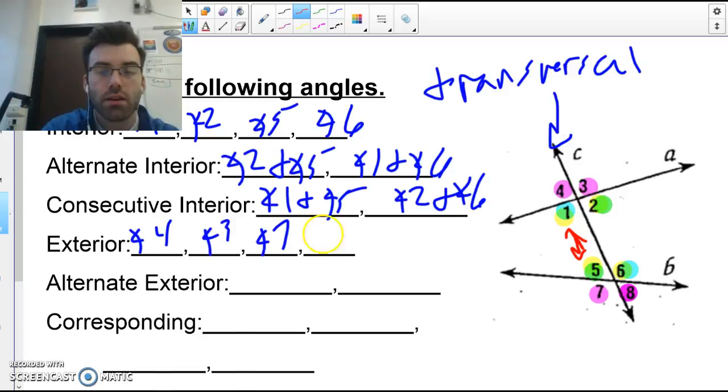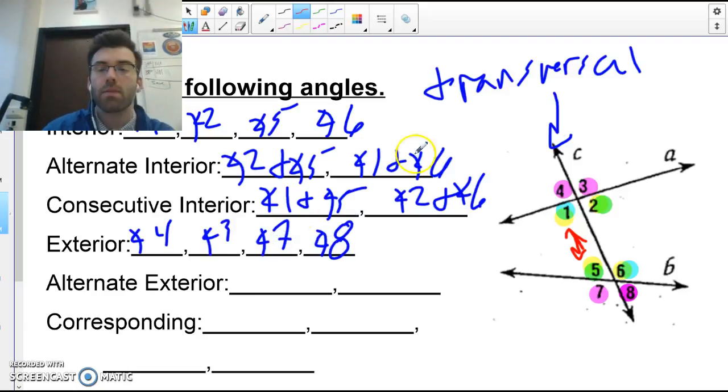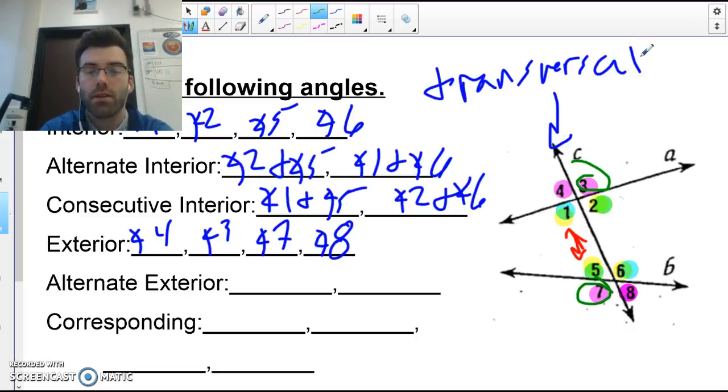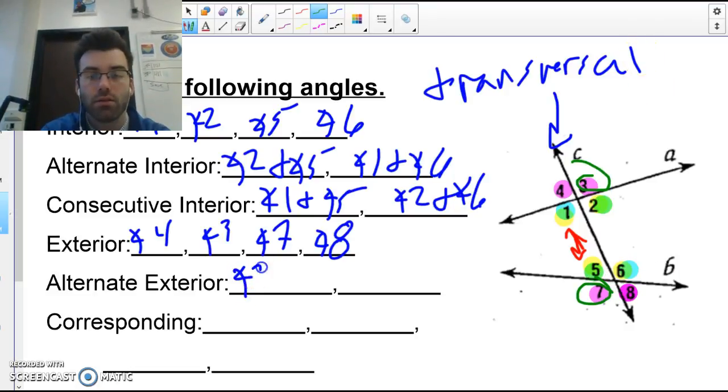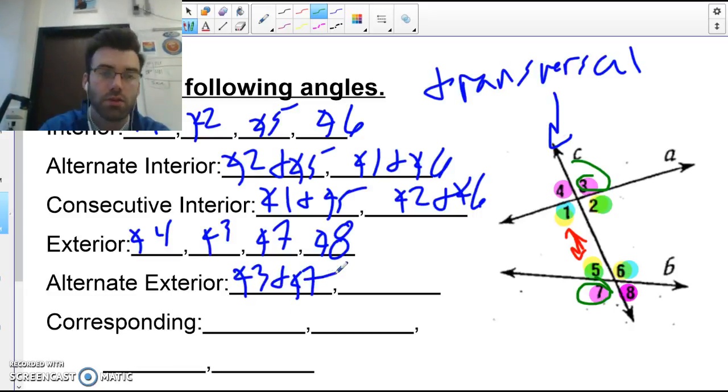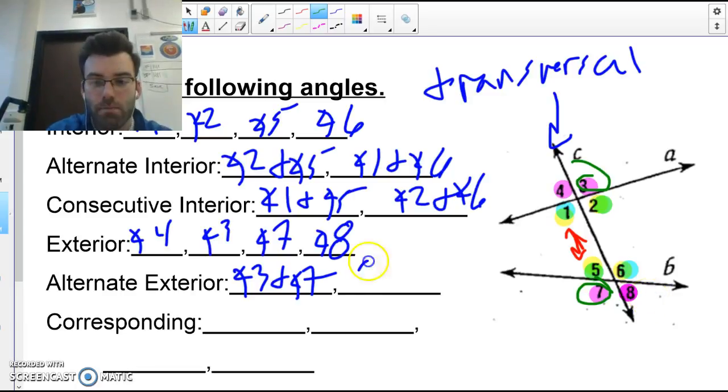And just like alternate interior, alternate exterior angles are on opposite sides of the transversal. So angle 3 and angle 7 would be considered alternate exterior angles. They alternate on the opposite sides here. I'm here, and I jump all the way down here. I'm looking at angle 4, and then I'm looking at angle 8.